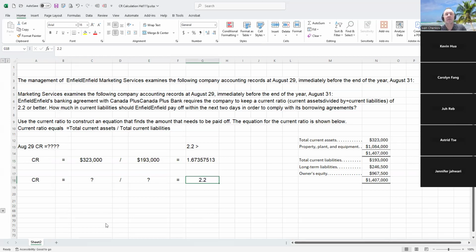How are we going to calculate that one? Suggestions? 323,000 minus X divided by 193,000 minus X equals 2.2, and then solve for X. Thank you so much, I cannot even say it better than this.